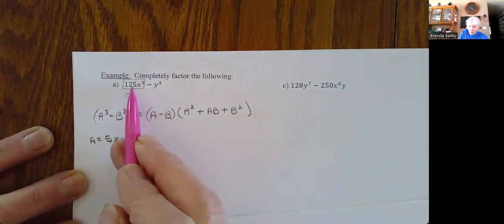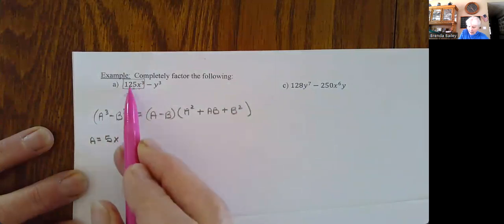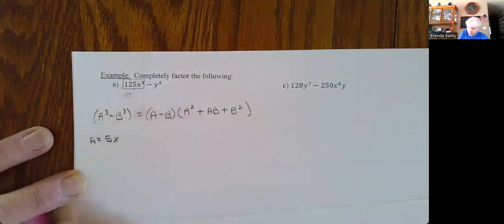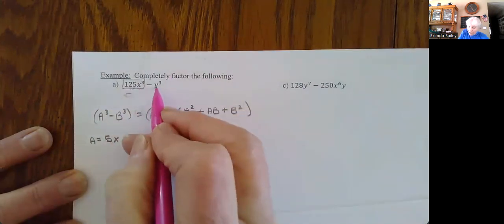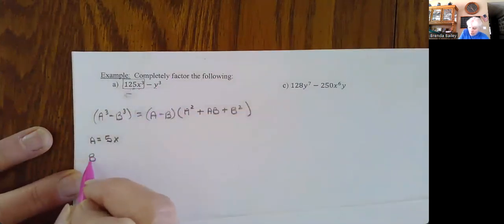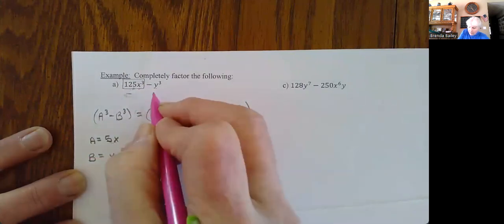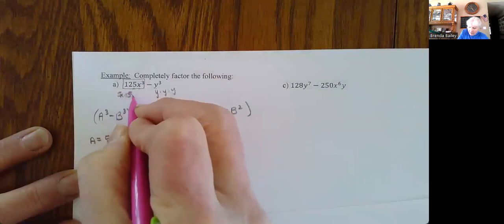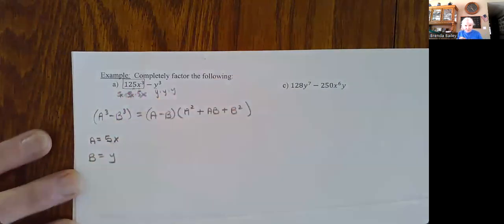So what do I cube to get this? There's my a. That might be kind of tricky when we do the a squared, but you guys can get it. What am I cubing to get y cubed? I'm cubing a y. Y times y times y. And this is 5x times 5x, if you can read that.